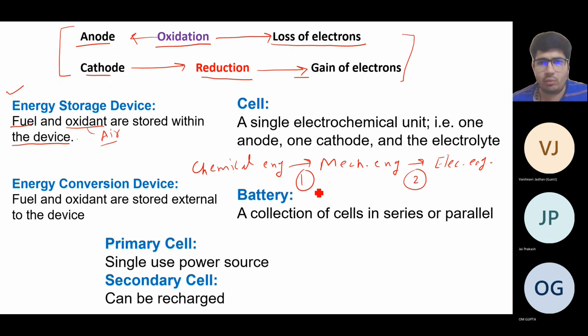Each process will have its own equipment and setup, so they will have their own efficiencies. So if we are going through this process, then our net efficiency will be very low. We will get only about maybe 20% or 30% efficiency, or maybe even lower. But if we can go directly from chemical to electrical, then we are eliminating this conversion to mechanical.